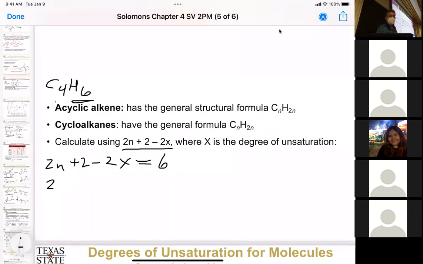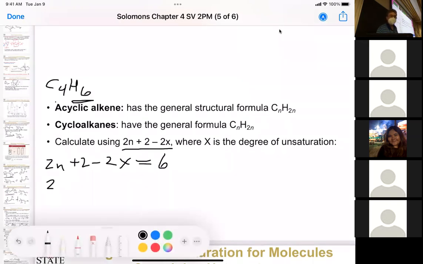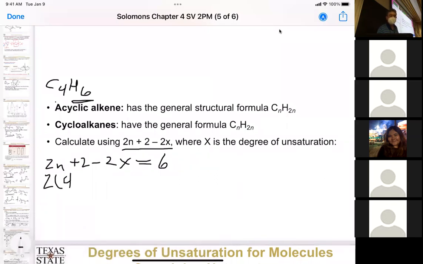So 2 times 4 is 8. Plus 2, well, let's just do 2 times 4 plus 2 minus 2x is equal to 6. So that makes this number right here 10, right? So 10 minus 2x is equal to 6.